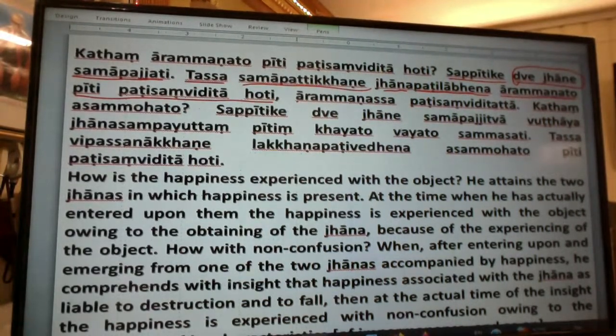So arammanassa patisamveditata: the reason is that the meditation object appears very clearly.